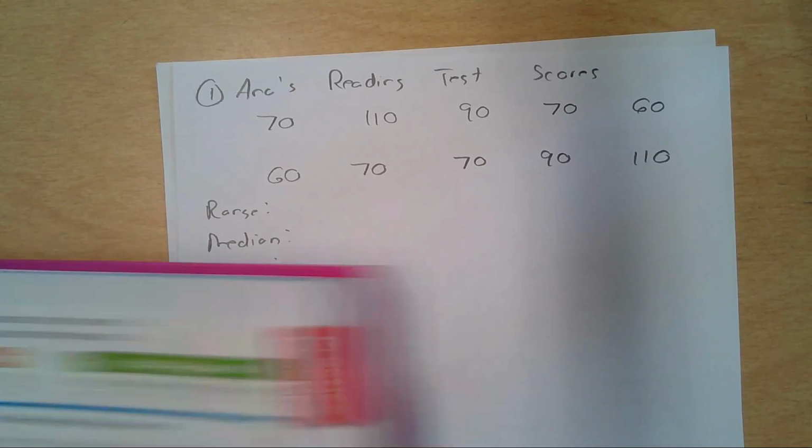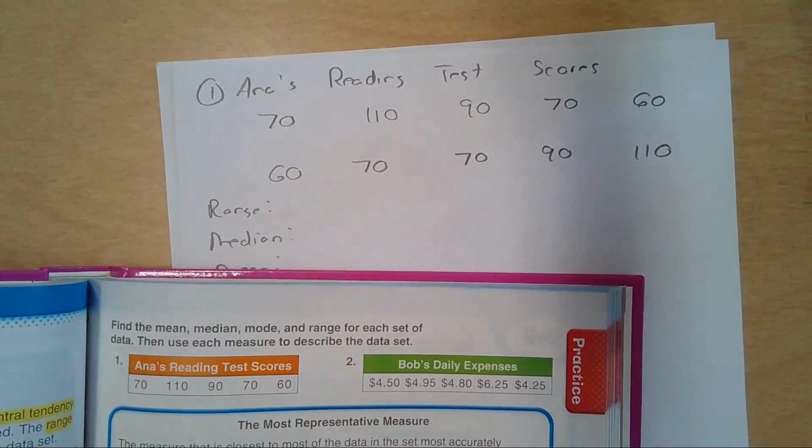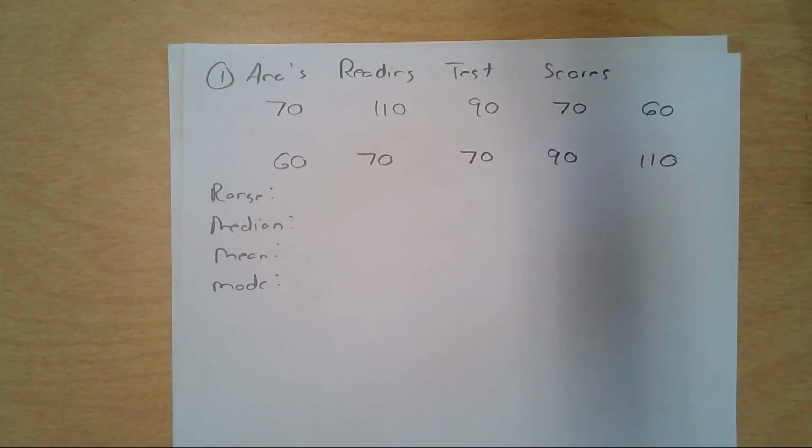The book says mean, median, mode, range, but I just always do it this way. You may pick a different order, but honestly, I think it's a lot easier to keep track of this stuff if you always do it and say it in the same order instead of jumping all over the place.